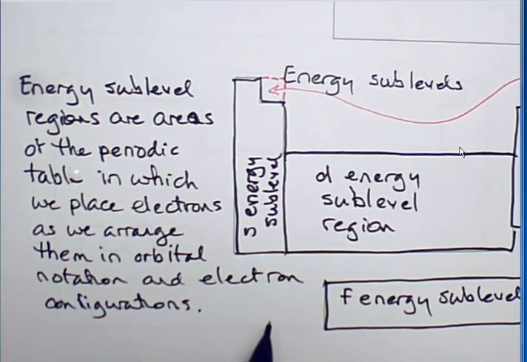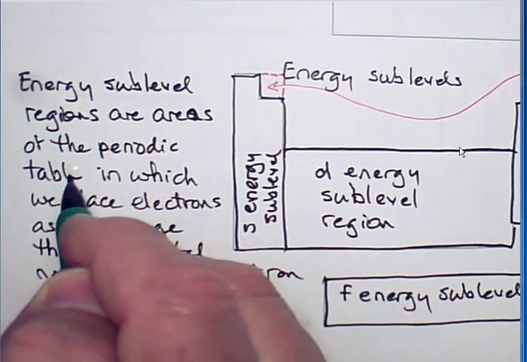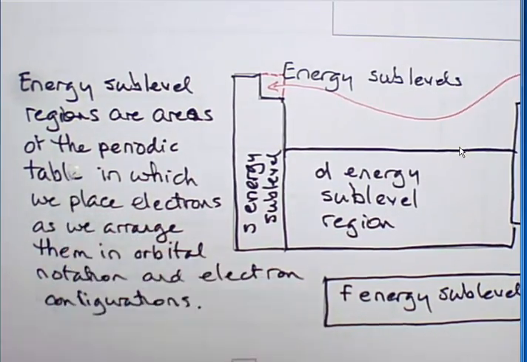We're going to learn about orbital notation and electron configuration in this unit. You're going to be able to write the orbital notation and electron configuration for all the elements in the upper part of the periodic table. We're not going to go to the F sublevel in this class. We're going to go to all these right here.